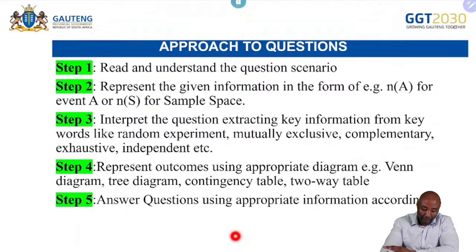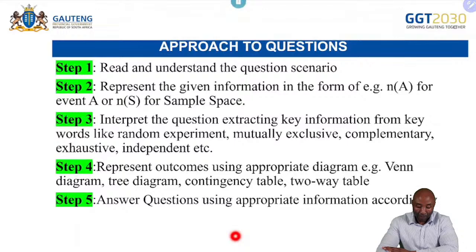When we are supposed to get probability, we should always make sure that we are using the number over our sample space. We extract key information. We represent outcomes using appropriate diagrams, for example, our Venn diagrams, our tree diagrams, contingency tables, or we use whatever can help us get our solution.